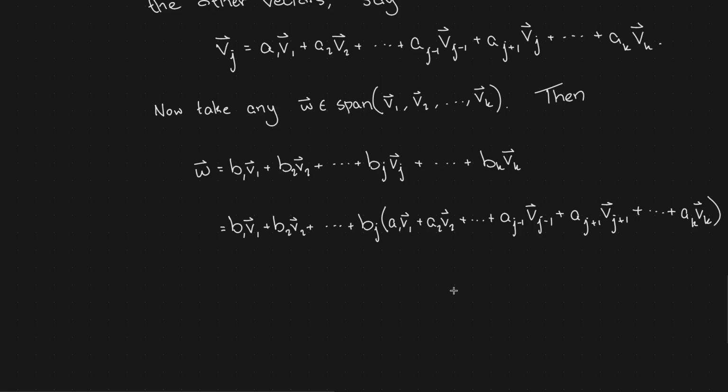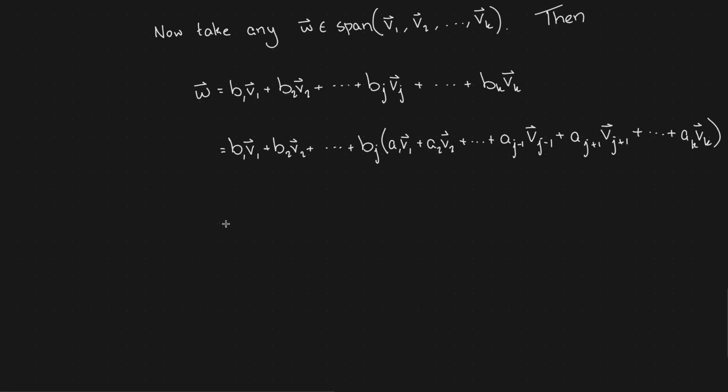So let's combine like terms. I have a b1 in front of v1, and I also have a bj a1 in front of v1.